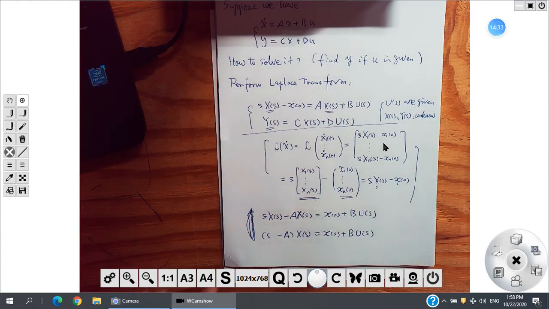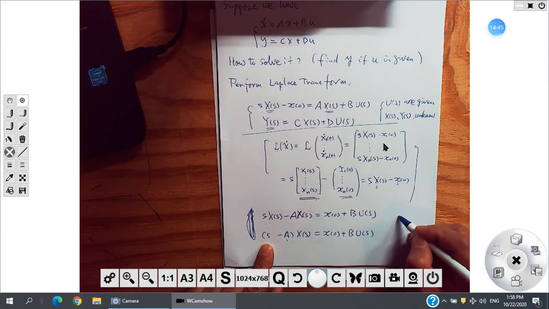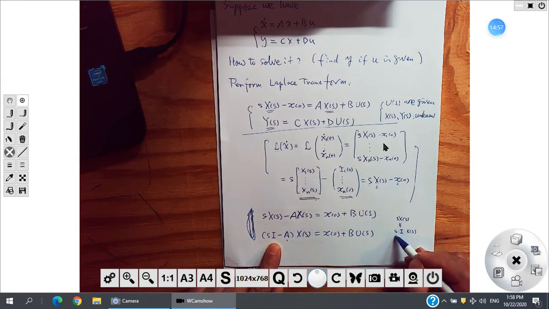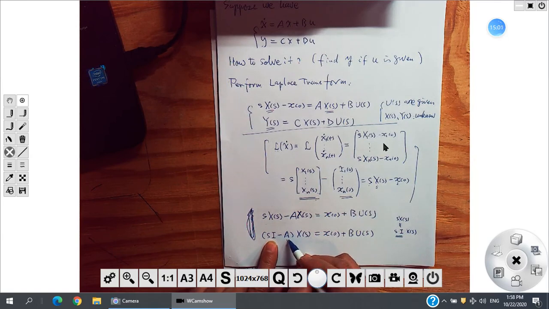You know, A is a matrix and s is just one element. So the sizes of these two are not matched. We need to make some change. I write X(s) times s equal to s times the unit matrix times X(s). Now both I and A have the same size, n by n.